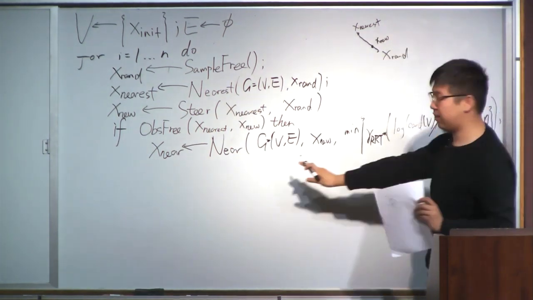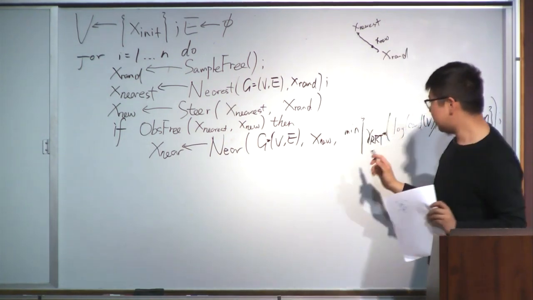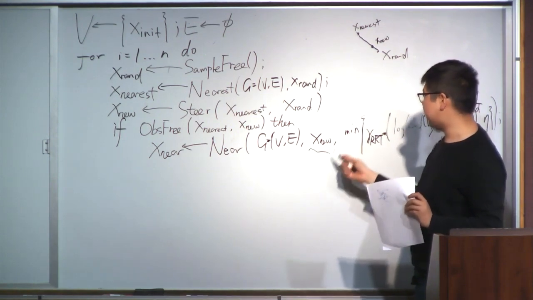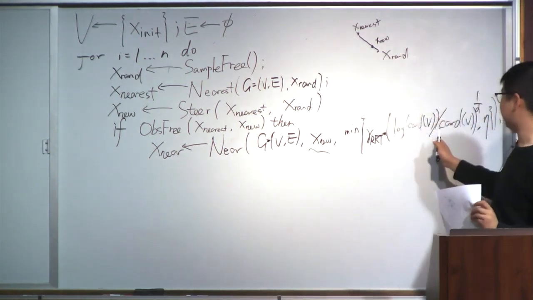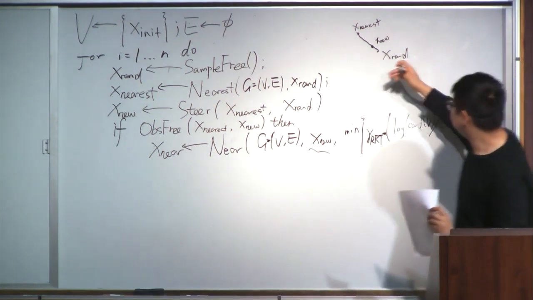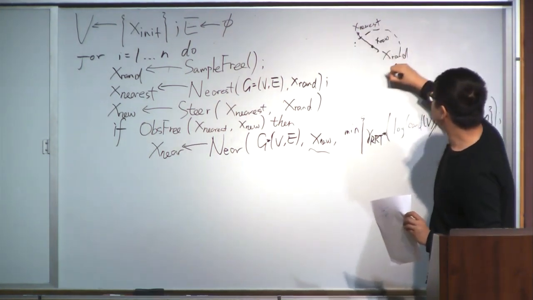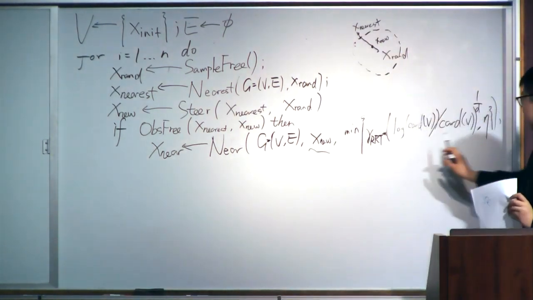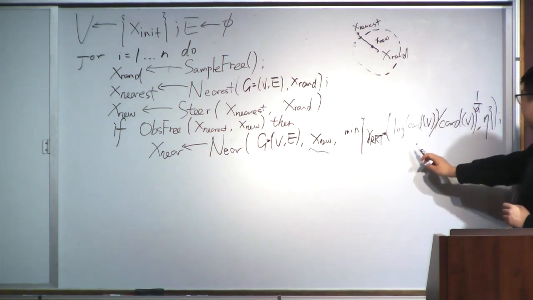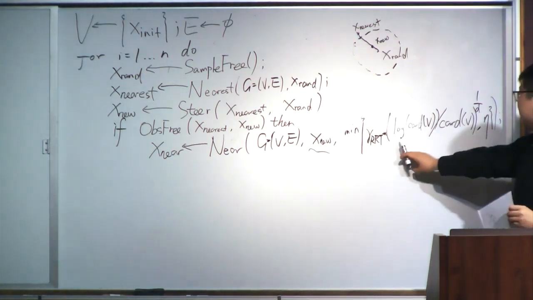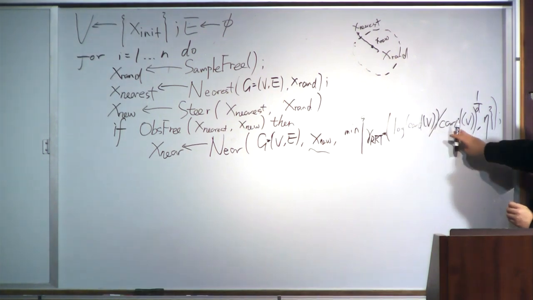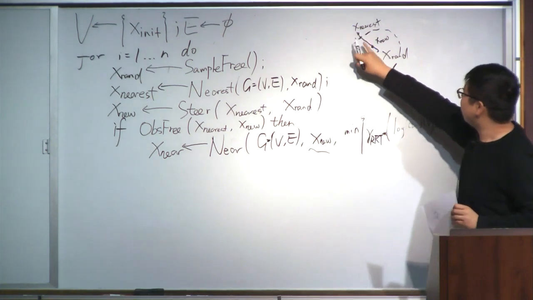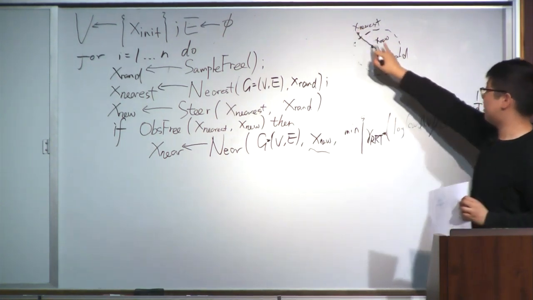And this Near function says, starting from x new as the center, we want to draw a circle, and the radius is the min of eta and this log cardinality of V over cardinality of V. Eta is the limit for when you want to reach from x nearest to x rand.